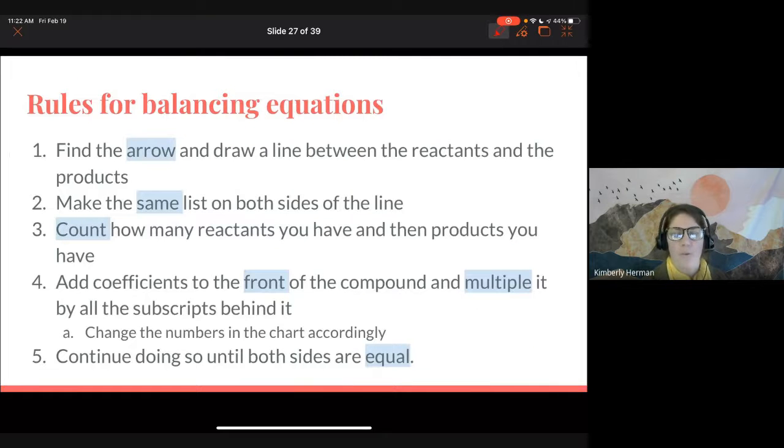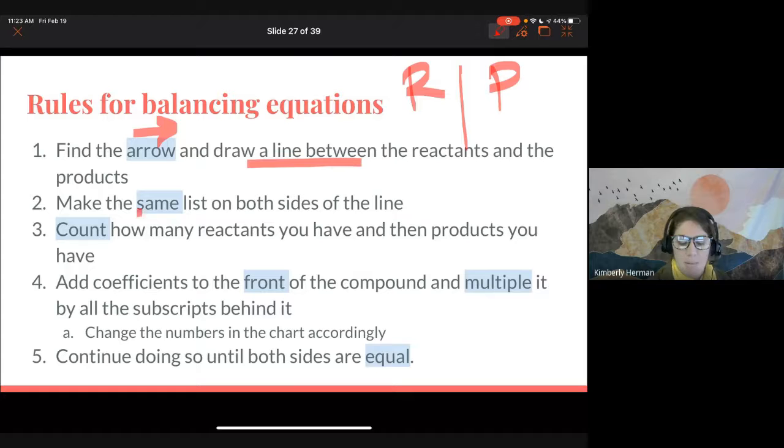So there are some rules as we're going to be balancing these different chemical equations. What we're going to see is that you're always going to find the arrow. Remember, our yields. And then you're going to draw a line between the reactants and products so then you can see what you have on each side. So you're going to make the same list on both sides of the line. Now you're going to count how many of each element you have in the reactants and then count how many in the products.